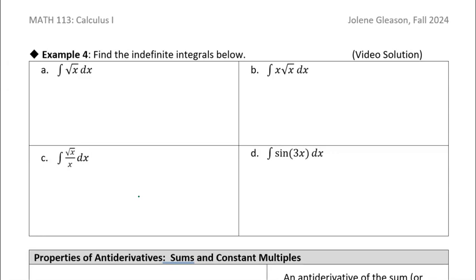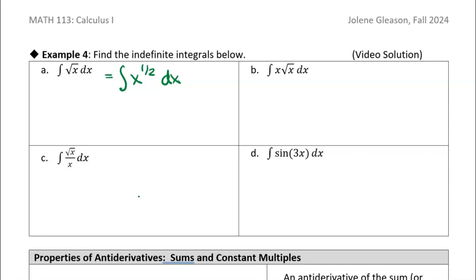All right, so the first problem in this example is to find the antiderivative of the square root of x. So first thing I'm going to do is rewrite this integral as x to the 1/2 power, right? Now notice I'm copying the whole integral and everything down again.